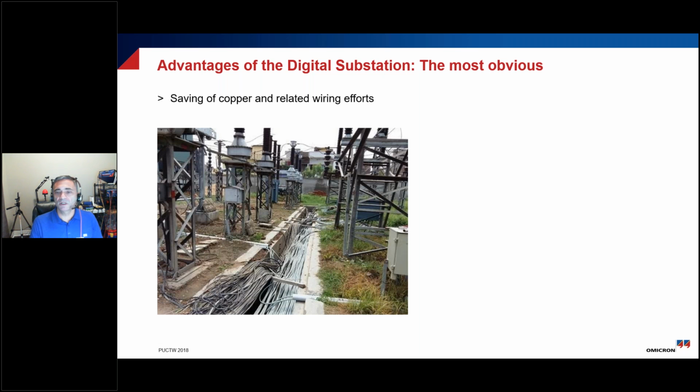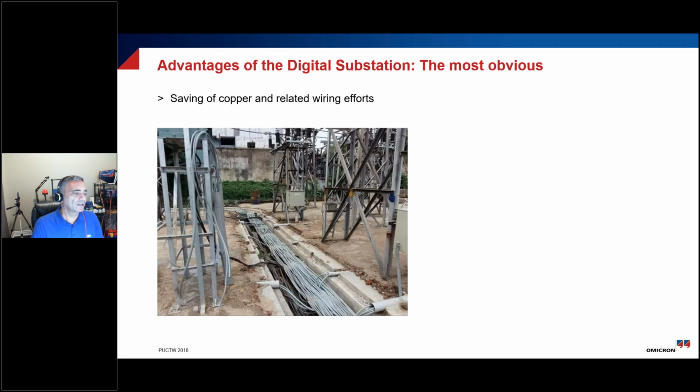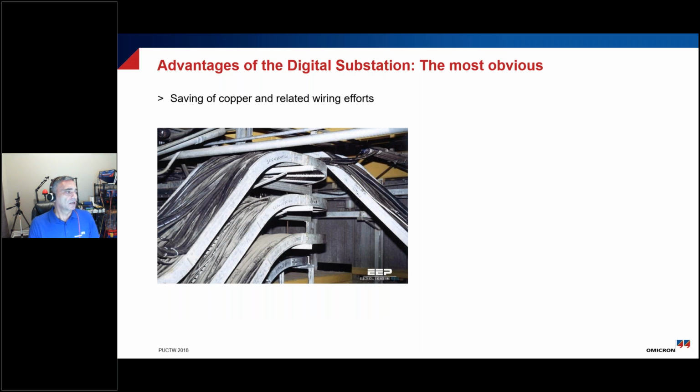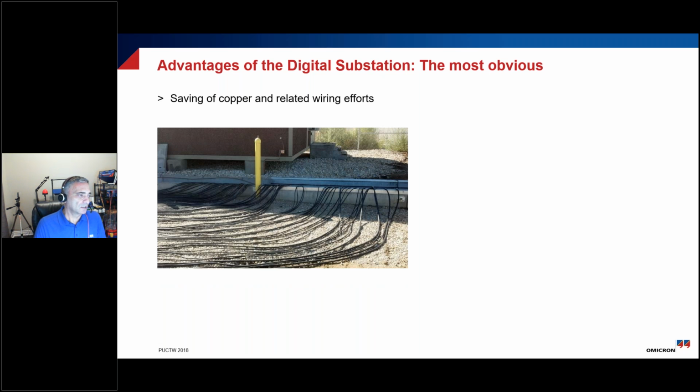If we take a look at the substation itself, this would be a normal substation with literally thousands and thousands of copper wires going back and forth to the high power components through all these very expensive trenches. There's also secondary control wiring that's brought up through different panduits, conduits and wiring trays to marshalling panels, and then finally off to the relays themselves.